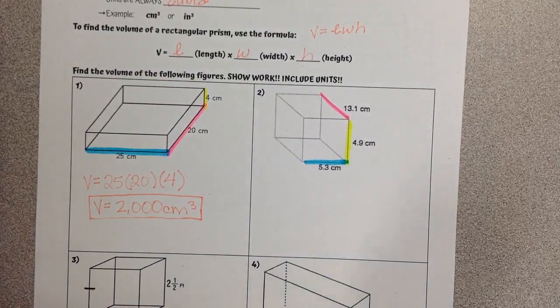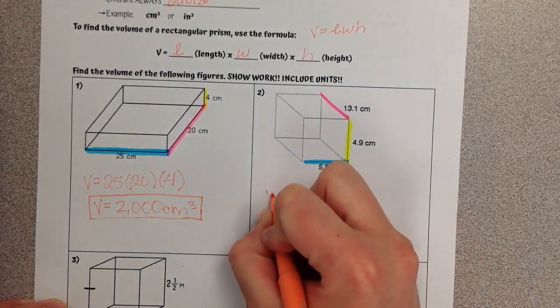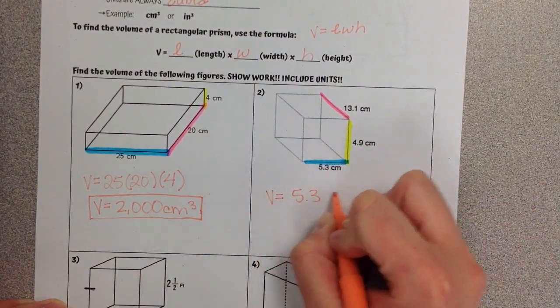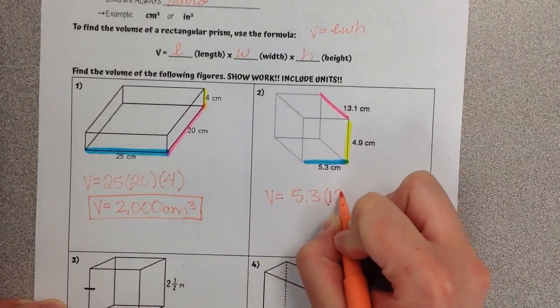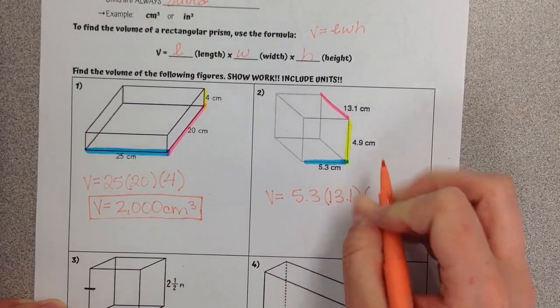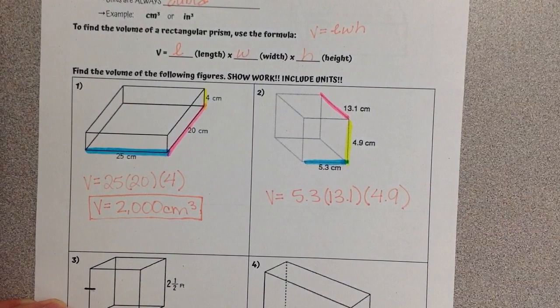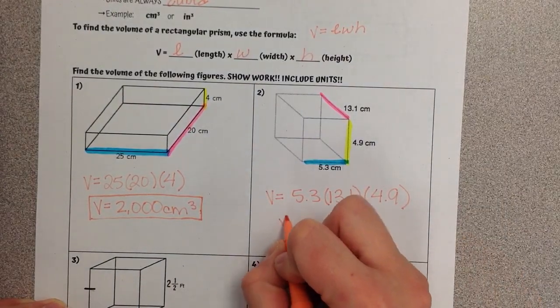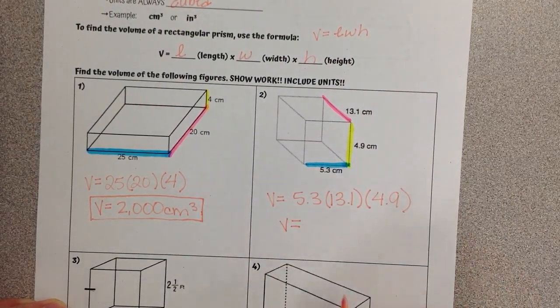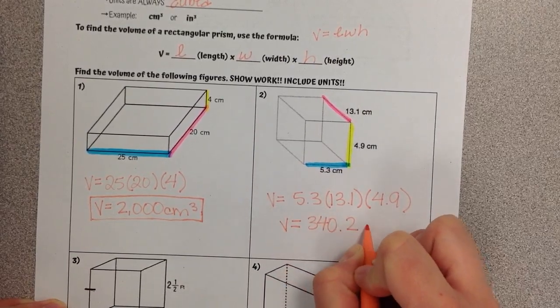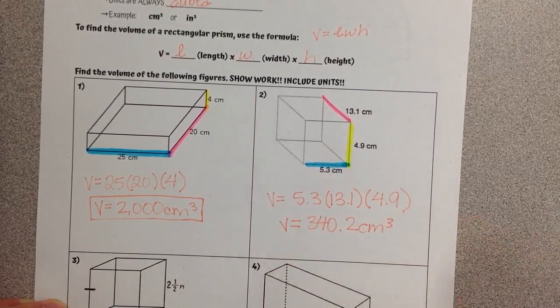So I'm going to multiply my length times my width times my height. So volume equals 5.3 times 13.1 times 4.9. And you can show your work or do it on your calculator. Your final answer should be volume equals 340.2 centimeters cubed.